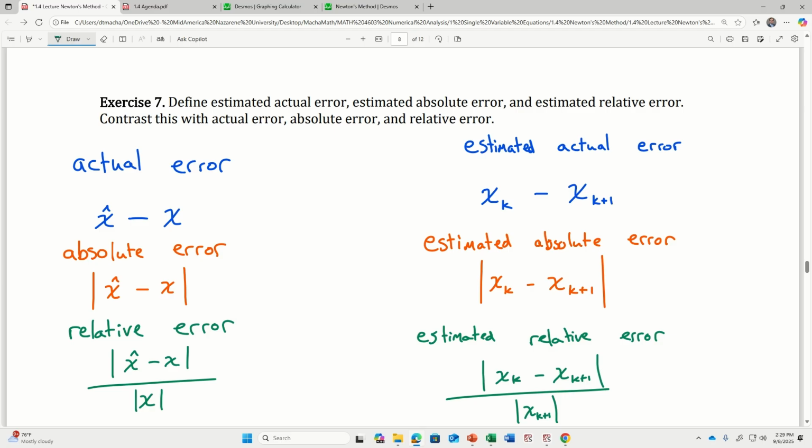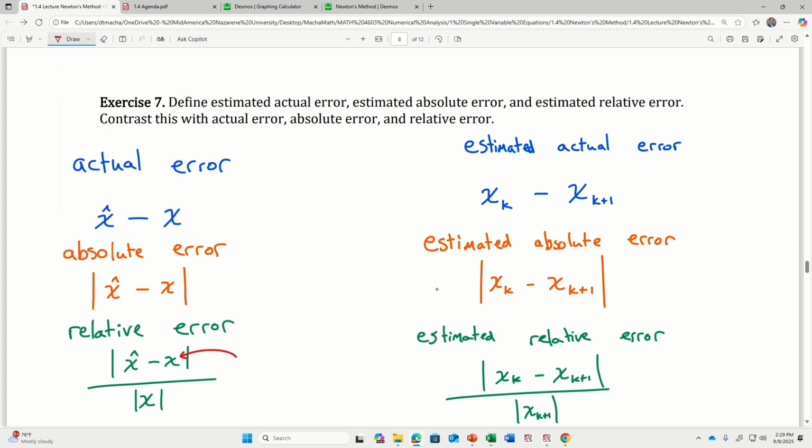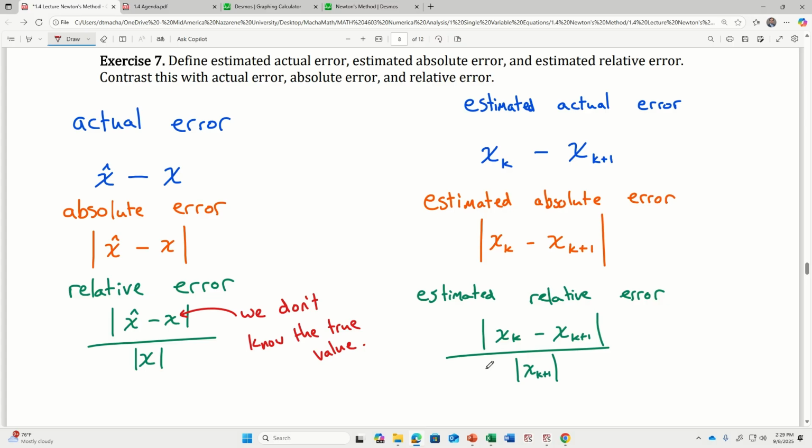And again, the problem is we would love to work with actual error, absolute error, and most of all, relative error. But we will just never know what the true value is. If we knew the true value, there would be no point in doing this. We would never use iterative methods. So this is what we do instead. We calculate an estimated relative error like that.